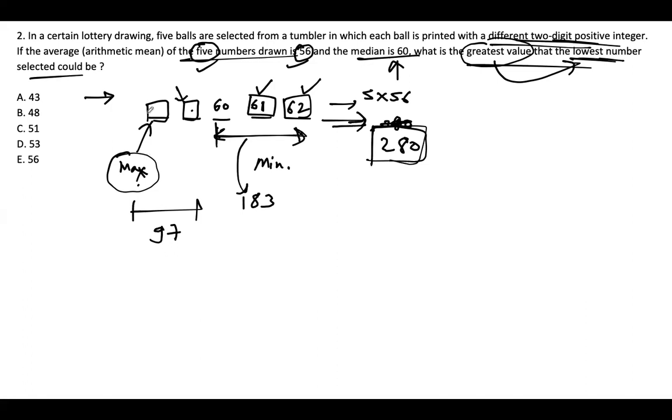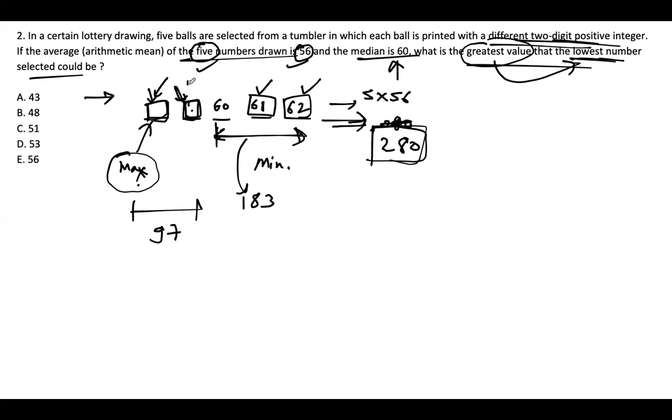Okay, you want this value to be the greatest. So if you had to distribute 97 into 2 equal parts, you cannot minimize one first and assign the maximum value to the other.